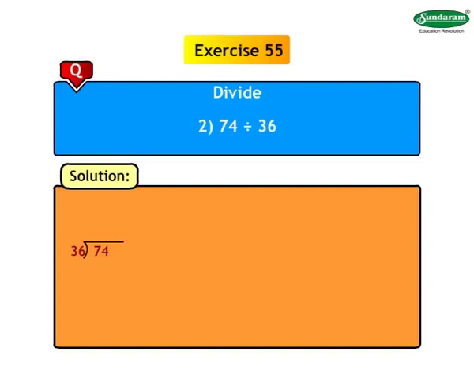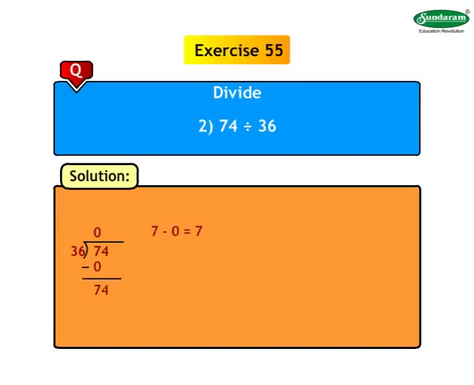Consider the digit to the extreme left of the dividend 74, that is 7. We cannot divide 7 by 36. So write 0 in the quotient above 7. Now 7 minus 0 is equal to 7. Write 4 in front of 7.